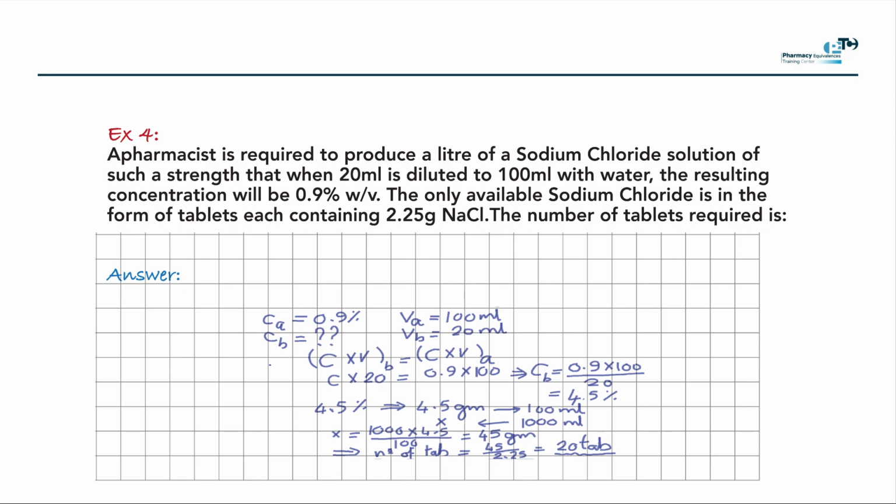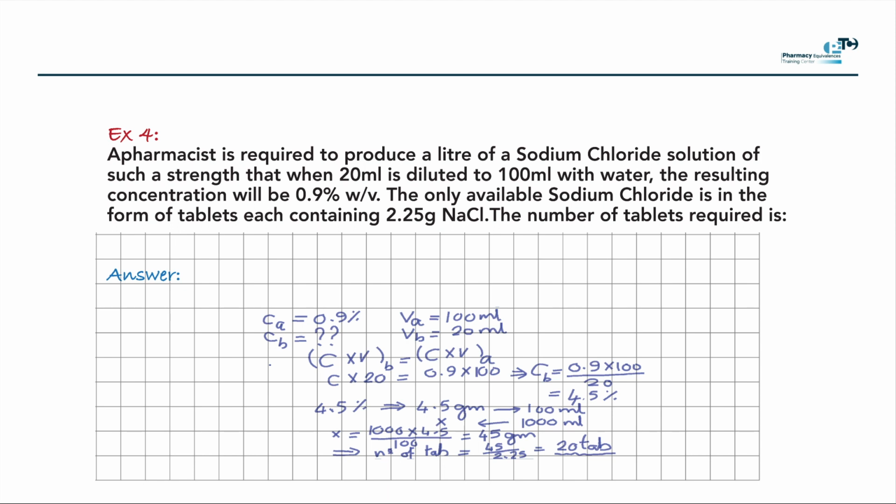What does that mean? It means 4.5% weight per volume means 4.5 grams of sodium chloride in 100 milli of the solution. Let us complete the problem here.